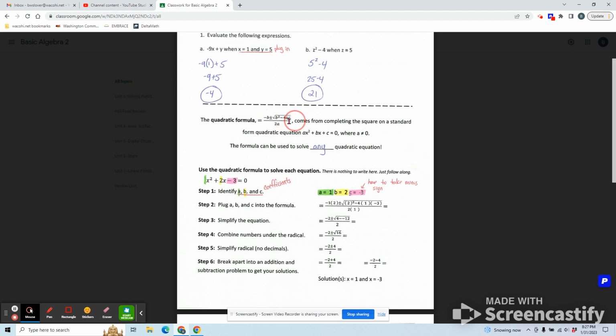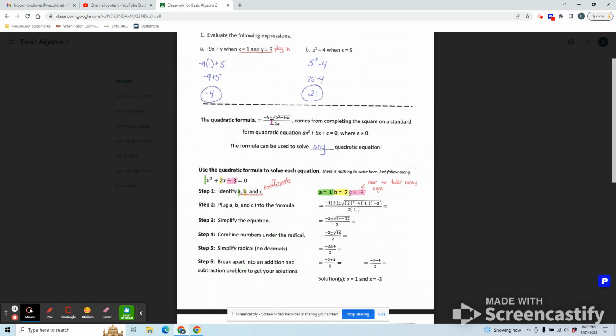Here's our formula. I'm going to give you the formula so you don't have to remember it. The only change that I make from here to some of my examples is instead of a negative b, I use a negative 1. Okay, that's the only change, and I'll explain why I did that down here. So my formula says negative b, and then it's got this funky symbol that we may not have seen before.